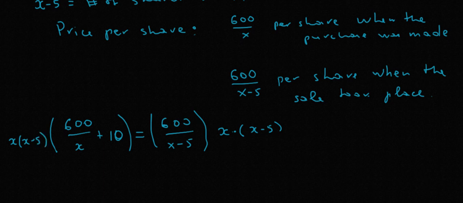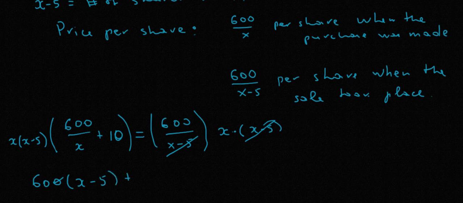Now on the right hand side, x minus 5 in the denominator will cancel out x minus 5 in the numerator. On the left hand side, when we distribute x times x minus 5 to the two terms in parentheses, when we multiply 600 over x by x times x minus 5, x in the denominator will cancel out with the x in the numerator, and we will get 600 times x minus 5.